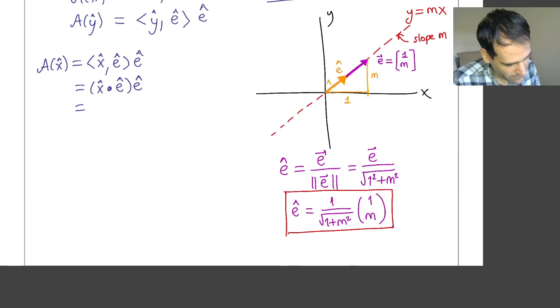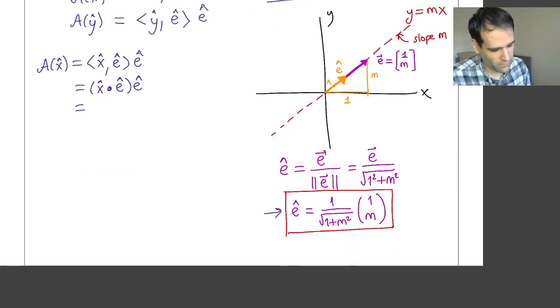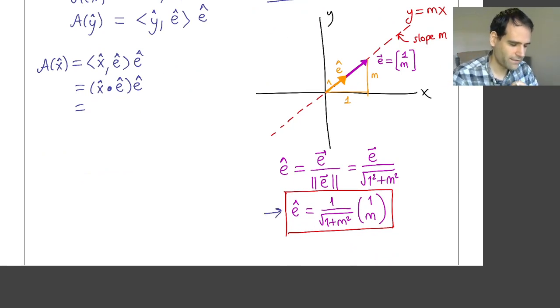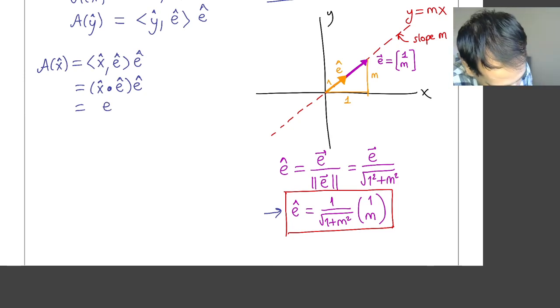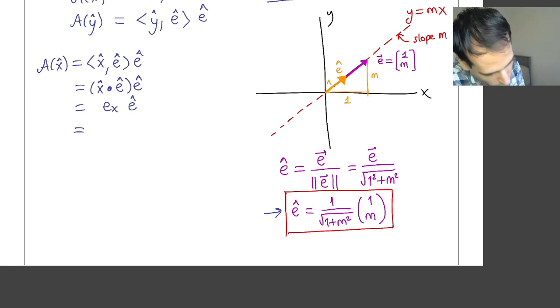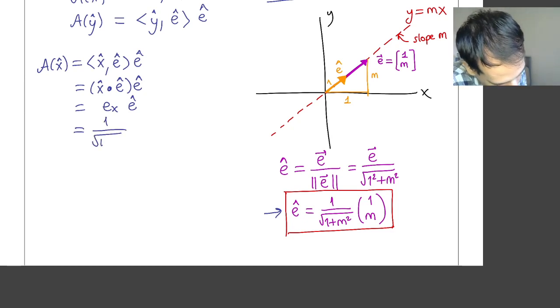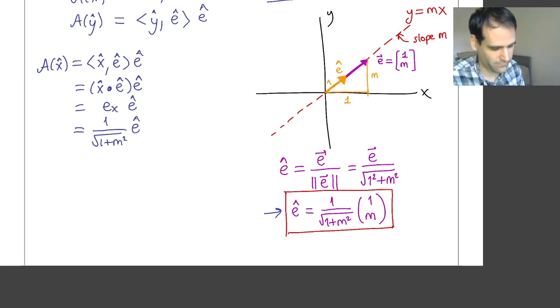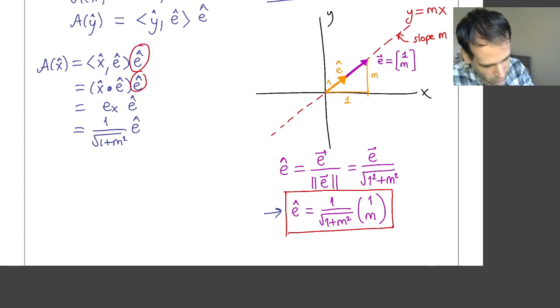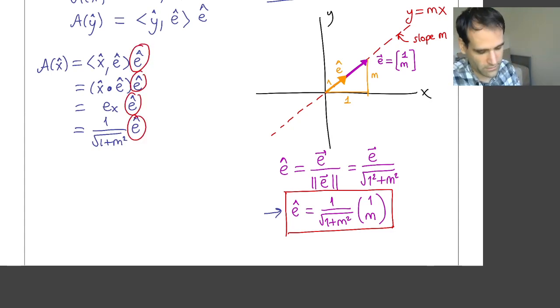So what's x dot E hat? If E hat is this vector here, the dot product with x is like getting only the x component. So this will be the x component of E hat, which is 1 divided by the square root of 1 plus m squared, multiplied by E hat. Remember, the recipe has an E hat here, so we are carrying it forward.